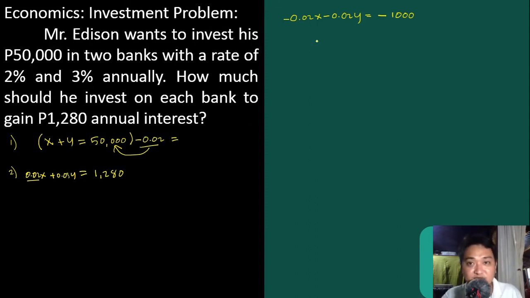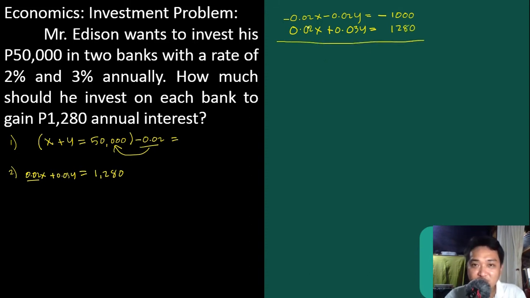So that is negative 1,000. Tapos ito, pwede na natin gamitin. So tingnan nyo, 0.02x plus 0.03y is equivalent to positive 1,280. There you go. So anong nangyari?